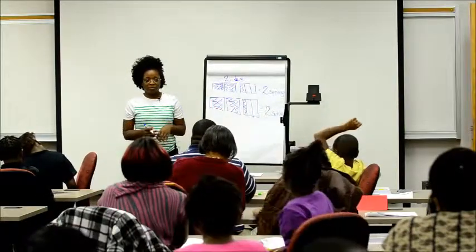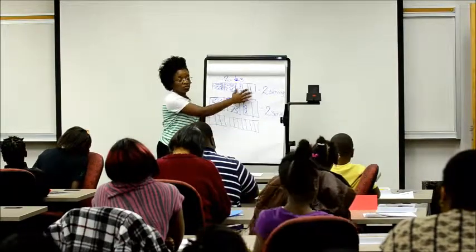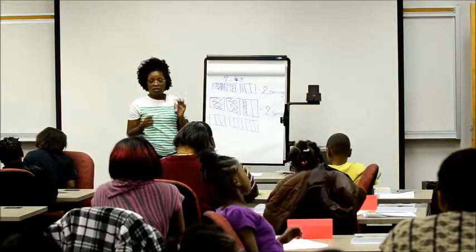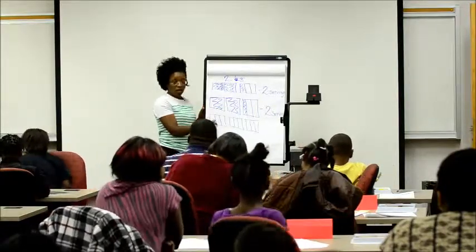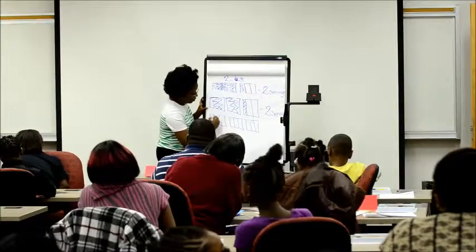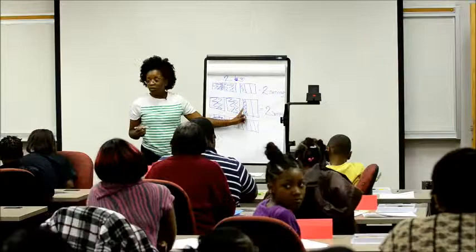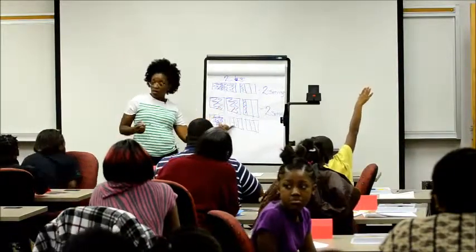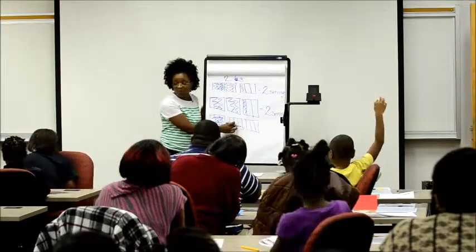Xander, what are you thinking? Anyone else have any other suggestions how we can figure out 1 from what we have? Can we get 1 from anything? We can have 1 whole, so we can take 1 whole out. Trying to figure out how to split that fraction. Take out 2 wholes, 2 of these.